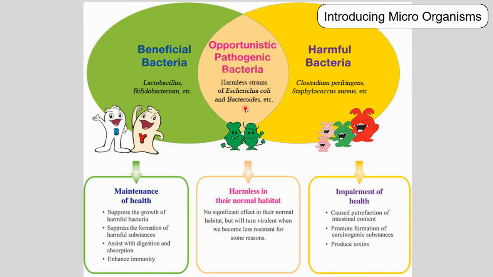But if we had a compromised immune system, if our health wasn't as good as it could be, then these bacteria might do us some harm. And then we've got harmful bacteria. These are the bacteria that we do not want to come into contact with. These are the ones that produce toxins and can cause cancer. That's what carcinogenic substances are. So these should be avoided wherever possible. But you can see they're not all bad. We've also got these beneficial ones and these ones that generally won't do us harm either.